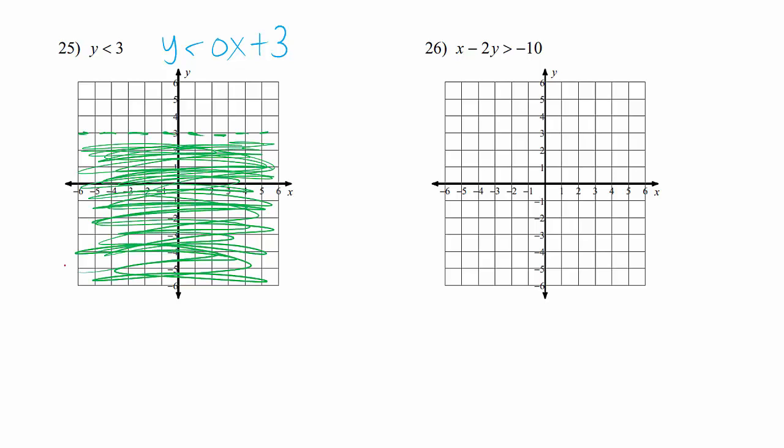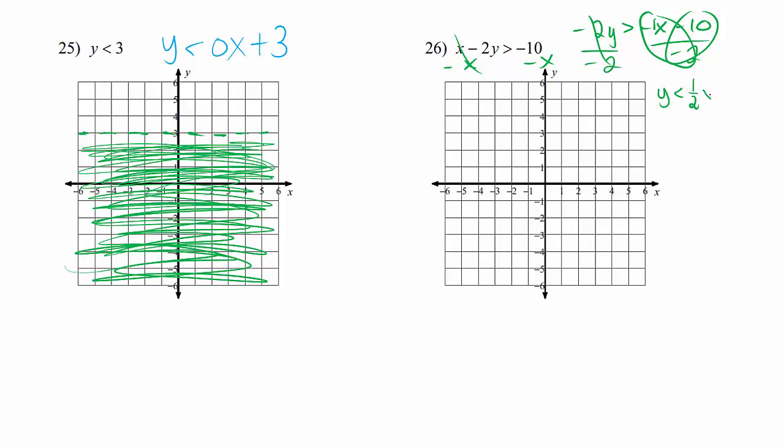On 26, we want to subtract x from both sides and get negative 2y is greater than negative x minus 10. Divide both sides by negative 2. When we do that, two things need to happen. We need to flip our inequality because we divided by a negative. Then we have to do both of these. So this is like a negative 1 over a negative 2, which is a positive 1/2 x.